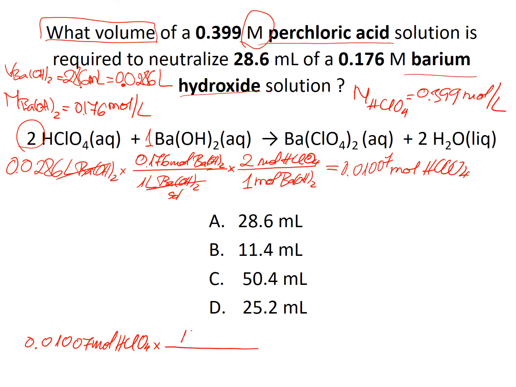So in every 1 liter of the perchloric acid solution, we have 0.399 moles of the perchloric acid. And notice the moles cancel out, and at the end we're going to have liters of the perchloric acid solution, which then can be converted into milliliters by simply multiplying it by 1,000.